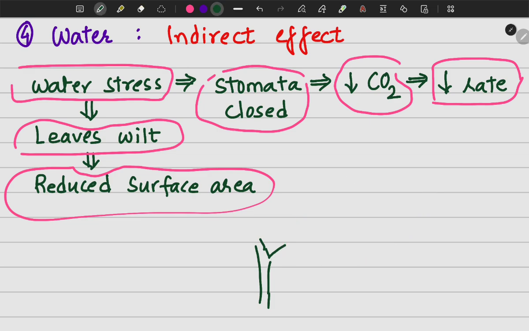So this leaf can wilt, and its surface area which was exposed to sunlight will decrease. So as compared to the previous case, less amount of sunlight will be utilized and less rate of photosynthesis will be observed. So this is how the water indirectly affects the rate of photosynthesis. I hope this is clear.